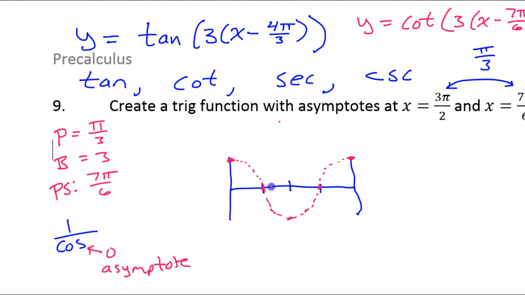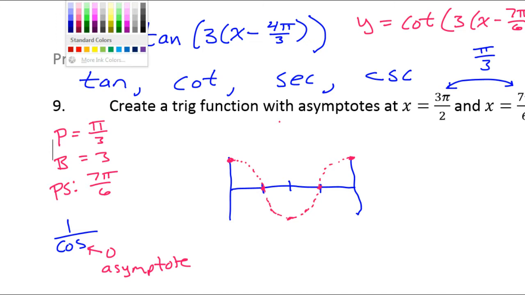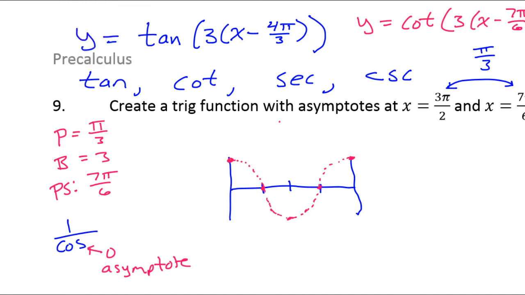Imagining that this is the x-axis, these two values on the midline would be 0, so that's where we'd have vertical asymptotes, here and here.